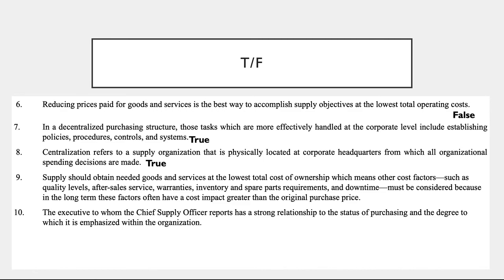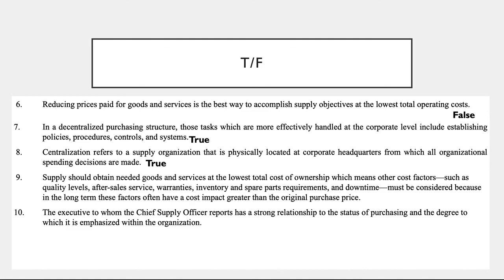Supply should obtain needed goods and services at the lowest total cost of ownership, which means other cost factors such as quality level, after-sales service, warranties, inventory and spare parts requirements, and downtime must be considered, because in the long term, these factors often have a cost impact greater than the original purchase price.